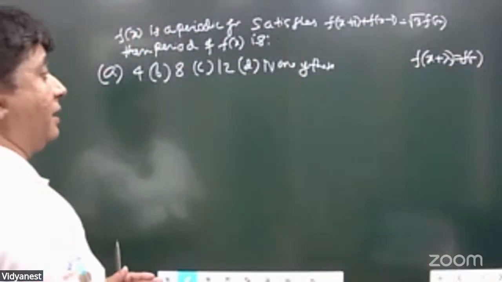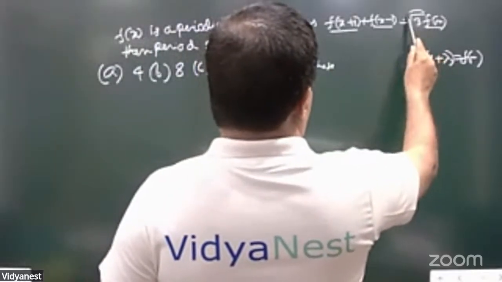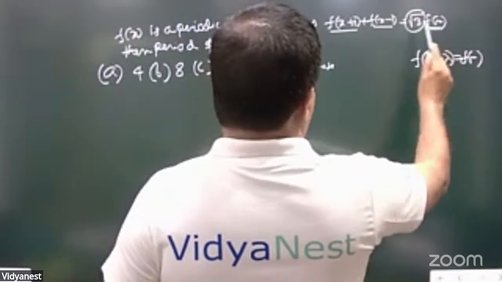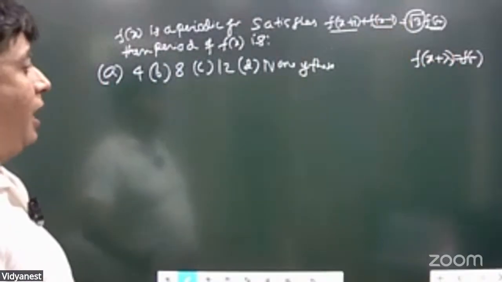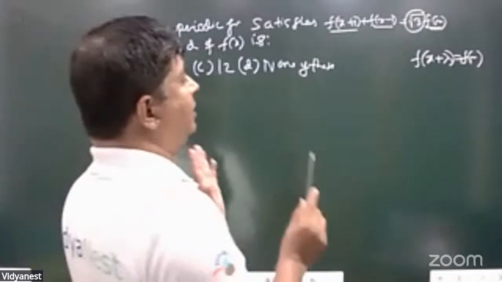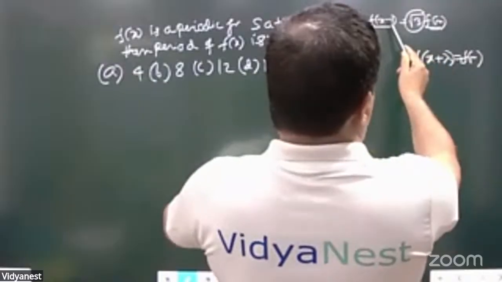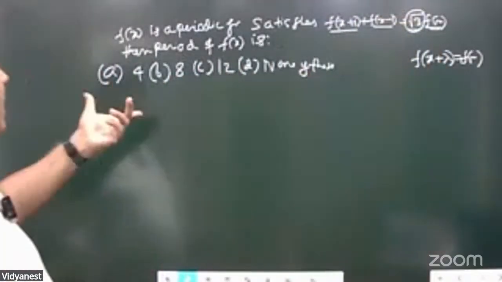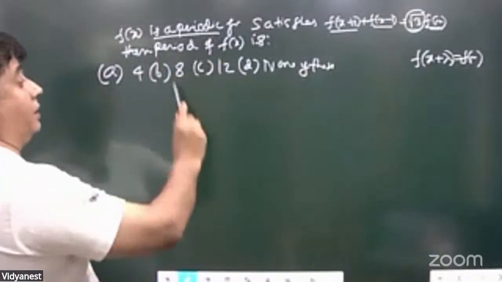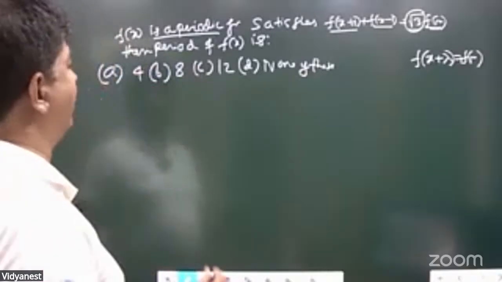But here three functions are involved, with √3 as a coefficient of f(x), and there is a minus sign. So our role is what? We will convert this three-function relation to two. I will remove this minus 1. I will remove this root 3. Then I can say it is periodic. Then only I will get the period. So that is our role.